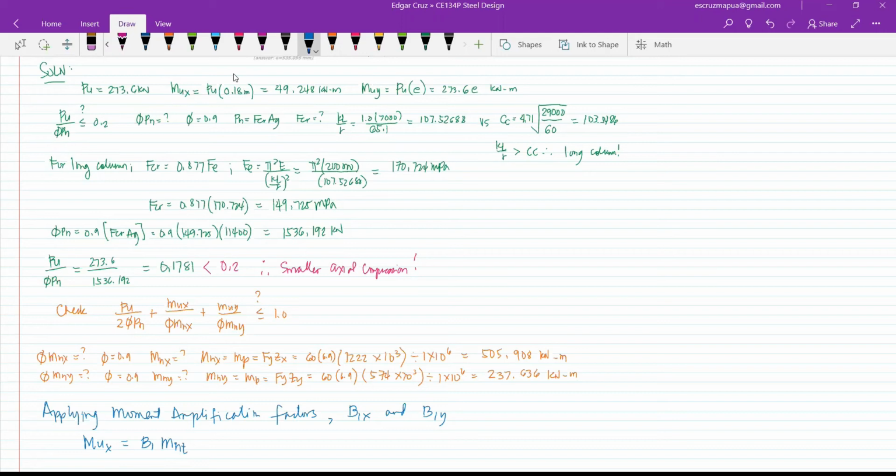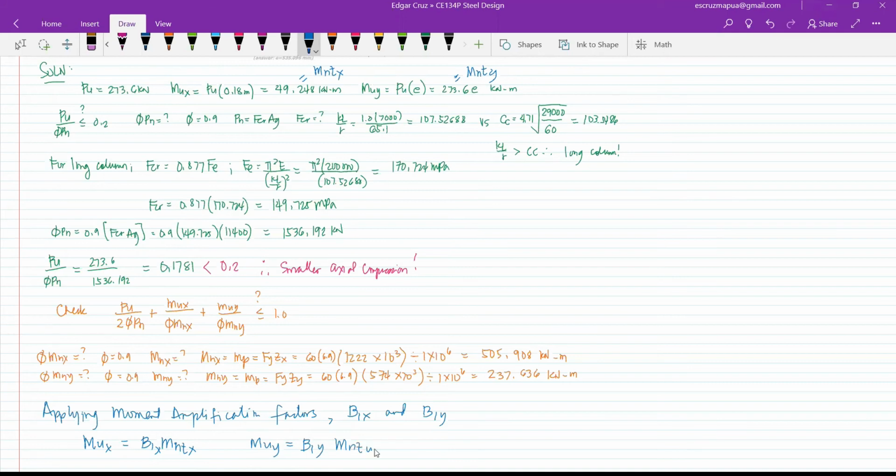So di bali itong MUX na to, ito yung 49, yan yung MNT about X. Kasi ito naman sa taas, yung MUY natin na na-solve kanina without the amplification factor, ang tawag dyan is MNT about Y. Okay? So that would be B1 of X times MNT of X. Likewise, yung MUY natin, pag nilagyan natin ng amplification factor, that would be B1Y times the MNT of Y.